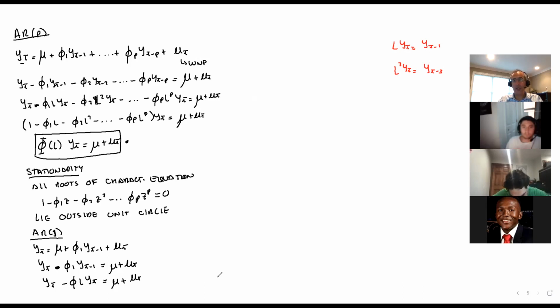If I continue writing this equation, the common factor is y_t, so it's going to be (1 minus psi L) y_t equals mu plus u_t, correct, guys?